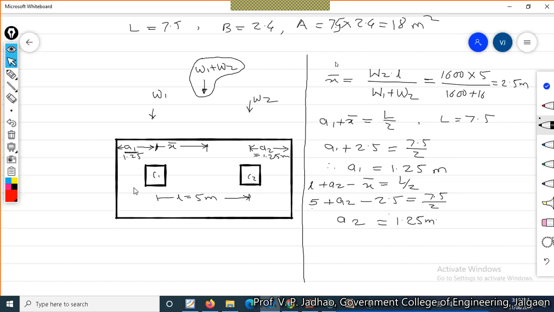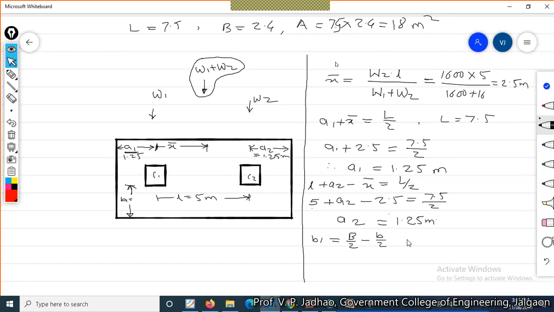Now we have to calculate the distance between the edge of this footing and the face of this column. Let us consider this as small b1. So b1 is equal to capital B by 2 minus small b by 2, where small b is the width of this column.